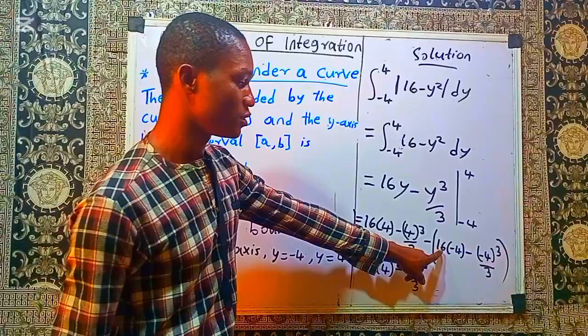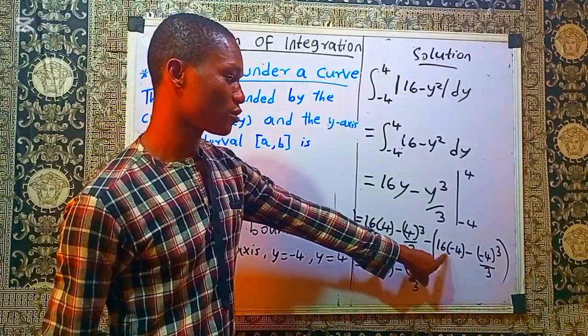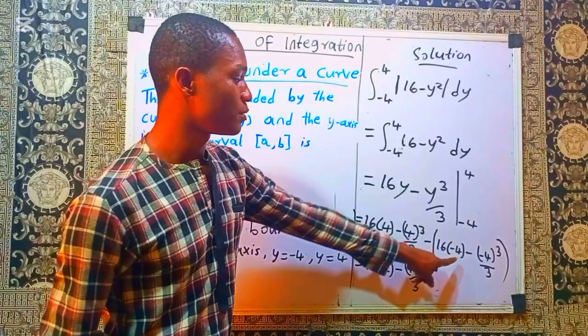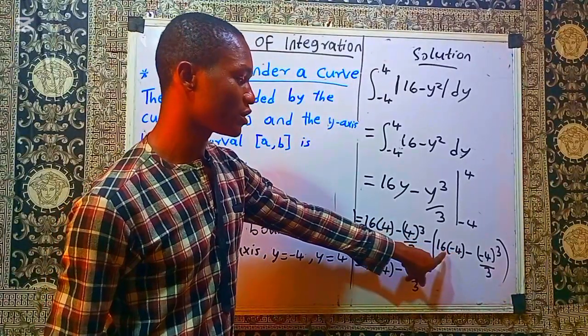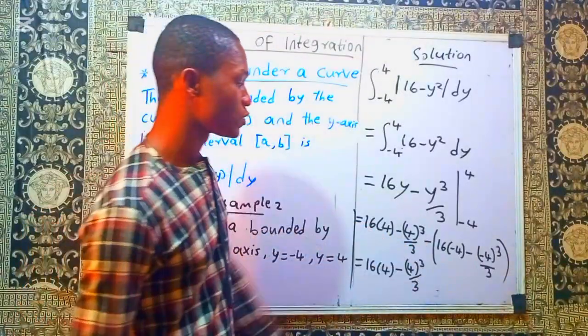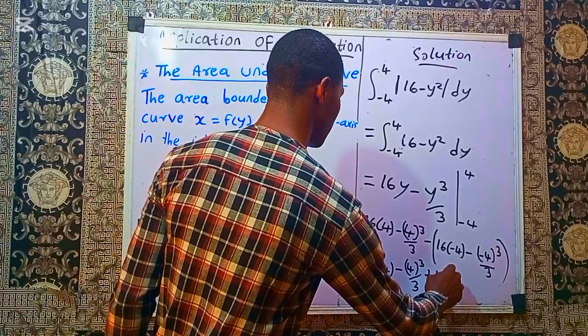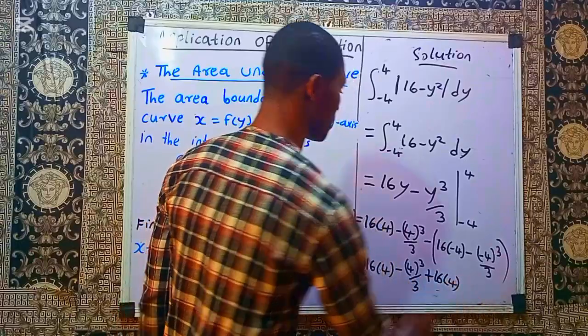We have 16 multiplied by minus 4. Then the result will be negative, right? Because if you use 16 to multiply negative 4, the result will be negative. But we have minus here already. So minus of a negative number will be positive. So I have positive 16 multiplied by 4.